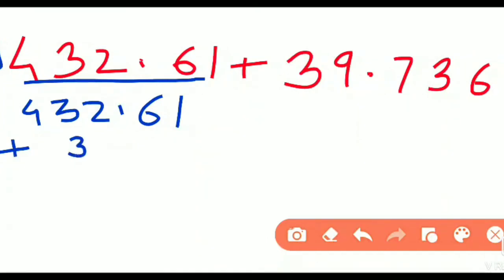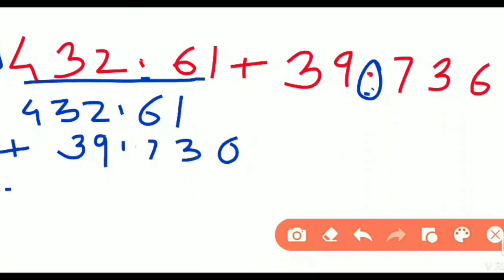What is the main thing I told you? Here it is a decimal point, here it is a decimal point. So whenever you are writing the digits, we have to write the decimal point below the decimal point. So here 39 is present below this. So if I write the point here, then 39 I have to write here. Okay, and then 736.